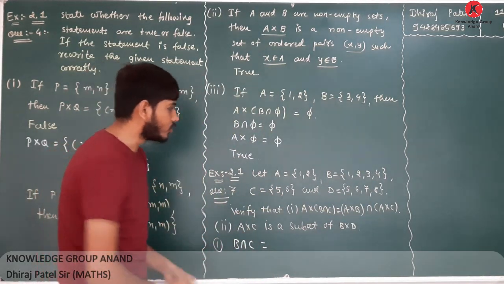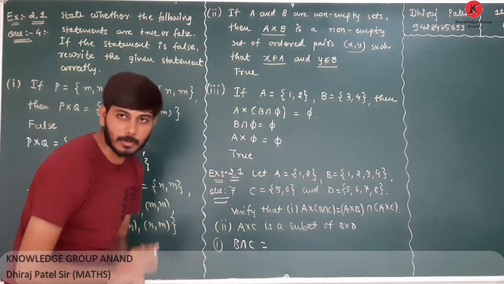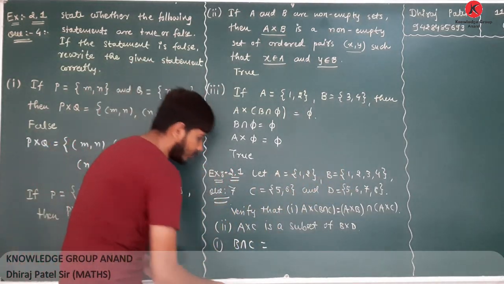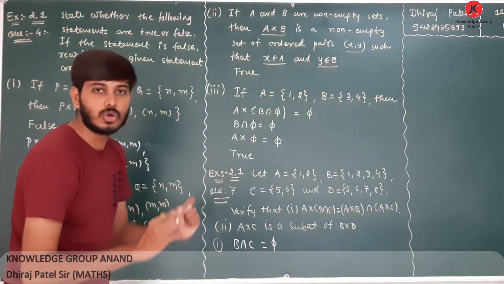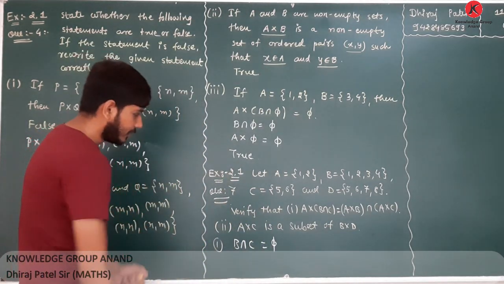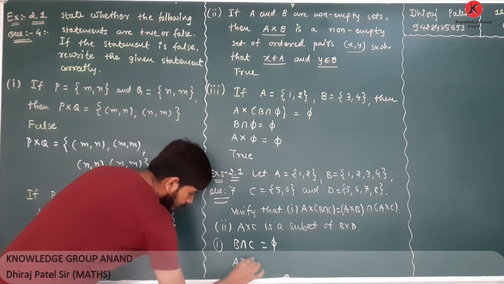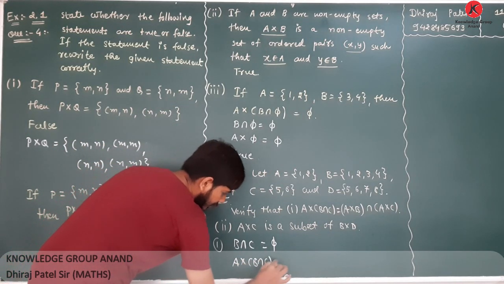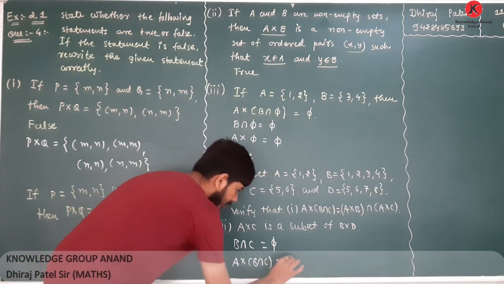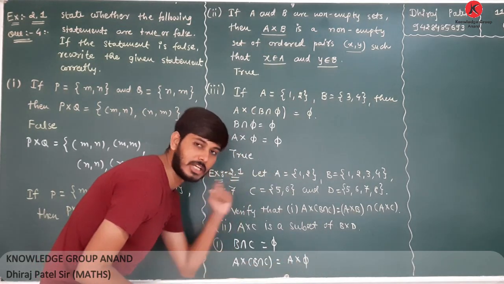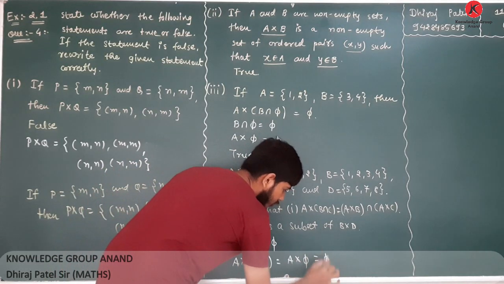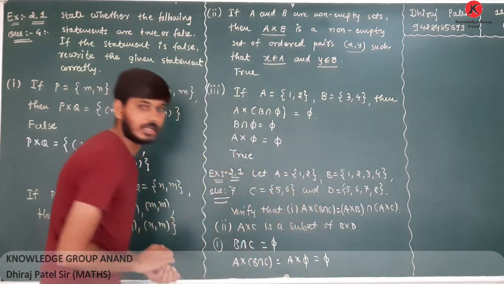Therefore there are no common elements between B and C, so B intersection C equals null set. And A cross B intersection C: B intersection C is our null set, therefore A cross null set equals null set. Clear?